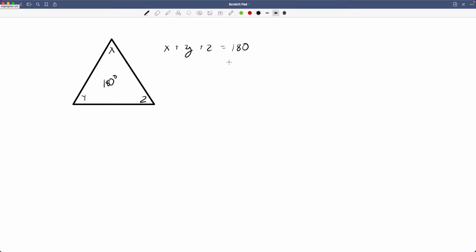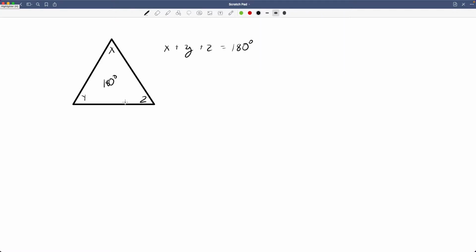And that would be how we would find that. It doesn't matter what X is, what Y is, or what Z is. When we add them together, they're always going to equal 180 degrees as the interior of any triangle, regardless of how you draw it. You can try all you want, pull out your protractor and measure. You're still going to get 180 degrees, regardless of what you do.